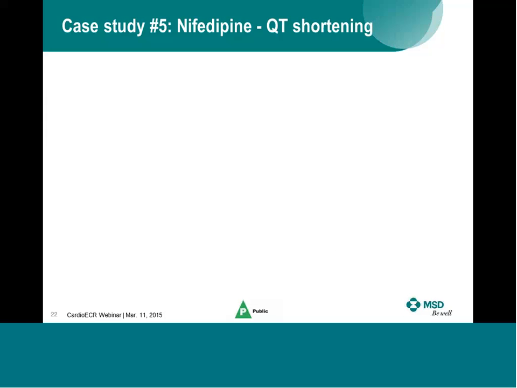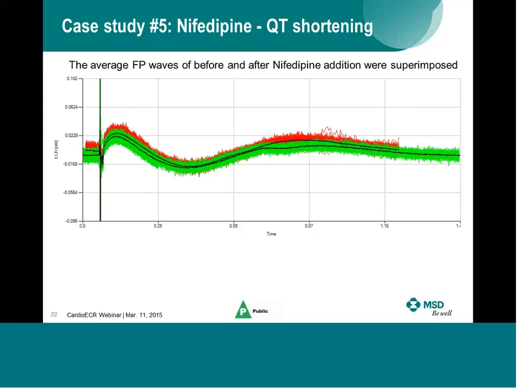And as nifedipine made the cells beat faster, we have a chance to see whether it causes QT shortening. So we superimpose the average spectrum of field potential before and after together. Again, the green one is before compound addition, the red trace is after nifedipine addition.